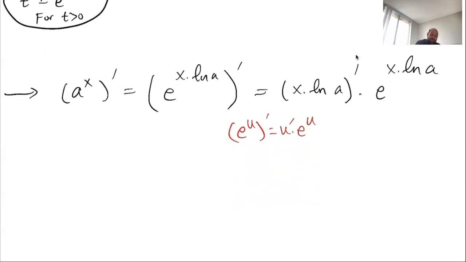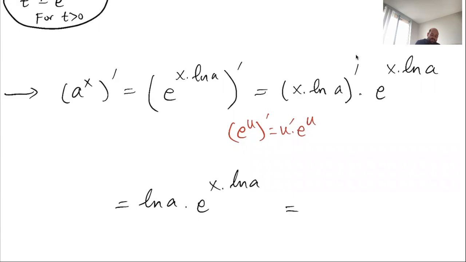Now, ln a is a constant. So what is the derivative of x times ln a? For example, what is the derivative of 5x? It's 5. What is the derivative of 6x? It's 6. What is the derivative of ln a times x? It's ln a, because ln a is a constant. So this is ln a times e to the power x times ln a.